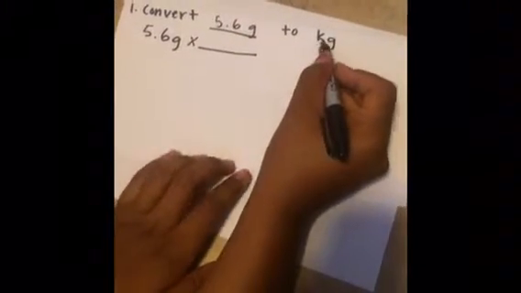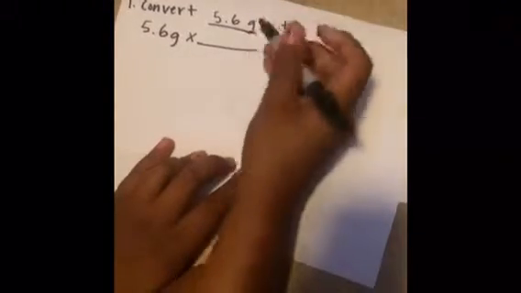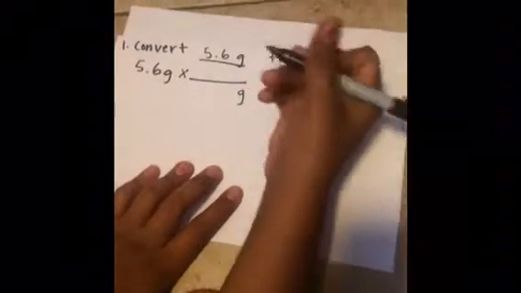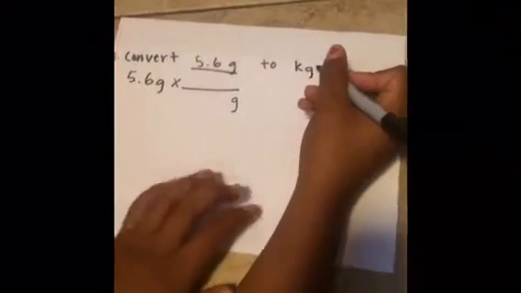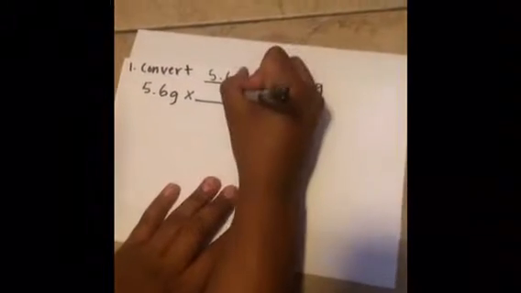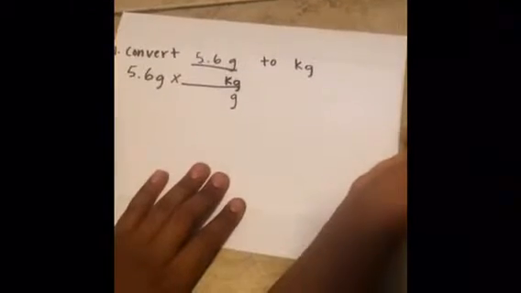Your units are grams and kilograms. You know that you can't cross-cancel kilograms if they're on the bottom, so you put grams. They then cross-cancel themselves out. But first, you have to finish filling in your spaces. Since you're converting to kilograms, you put kilograms on top.